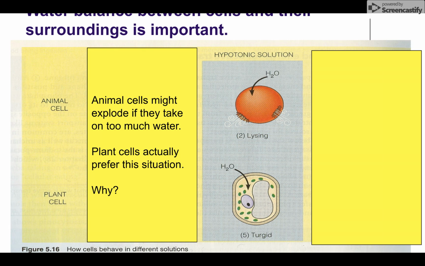So that's something that we don't like for human cells or for animal cells. But plant cells are fine with it. Plant cells have a cell wall, and because of the presence of the cell wall, they like when they take in so much water because there's so much more pressure inside, and that gives the plant a very strong stem or branch or whatever structure that it needs to have to function properly.